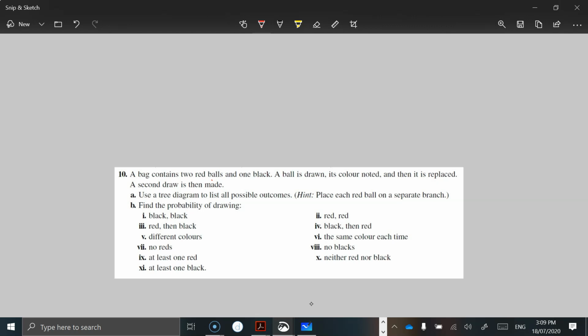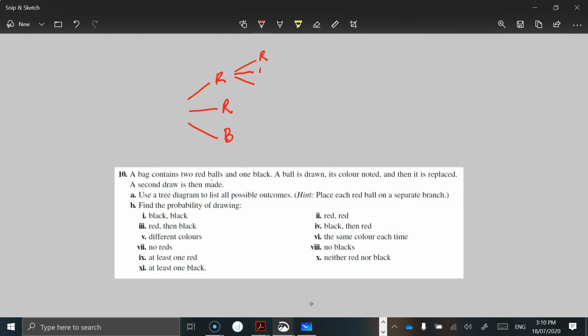We got a few outcomes here. Okay, so let's look at this. So you could have a red, and then you could have a black. Okay, or what we could do is this. So you could start off with a red, and then once you've replaced it, you still have 3 outcomes.